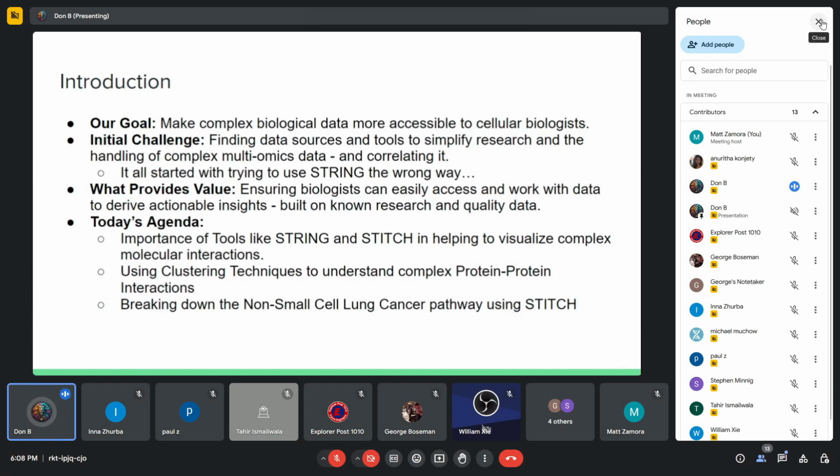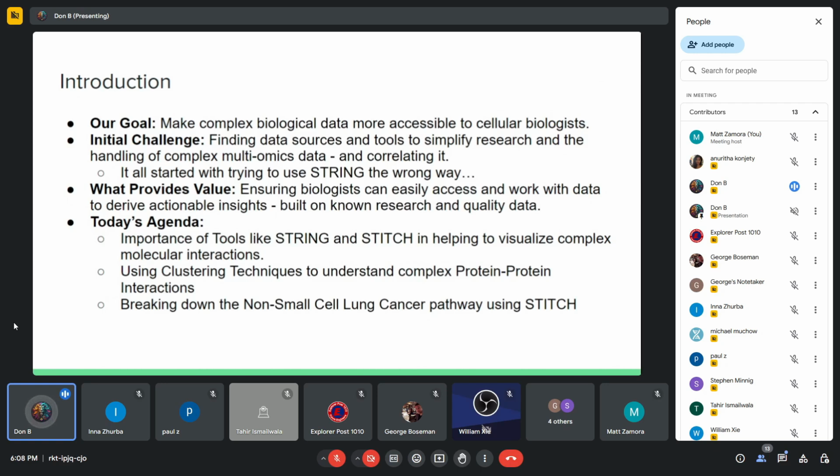The initial challenge that we experienced was finding quality data sources and tools to simplify the research and the handling of very complex multi-omics data. To fill in some gaps, I actually started to use String the wrong way. It's a valuable tool. It has great data, but I was looking at it from a back-end REST API instead of the value of how well they had aggregated that functionality within the application.